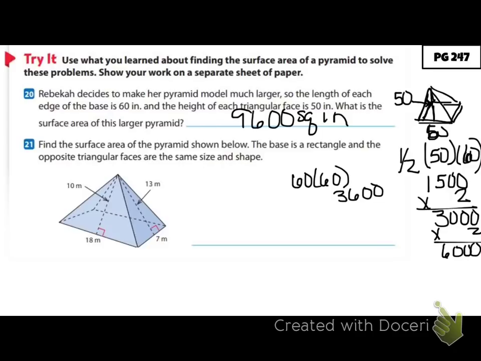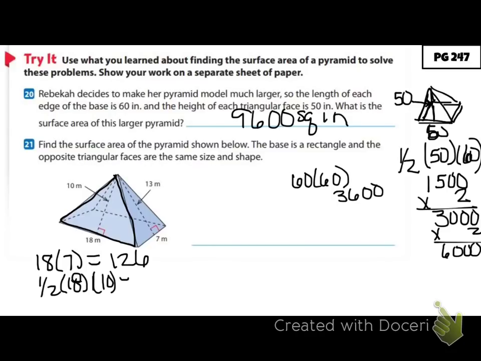For 21, our base is 18 times 7, which is 126. And then you have your triangles here, which would be your front and back triangle, which is 1/2 times 18 times 10. Half of 18 is 9, and 9 times 10 is 90. But there's 2 of them, so we multiply by 2 to get 180.